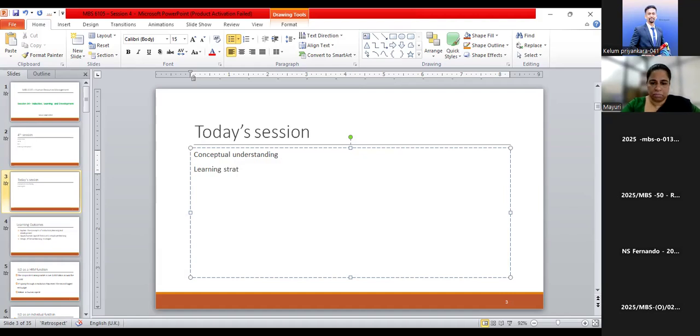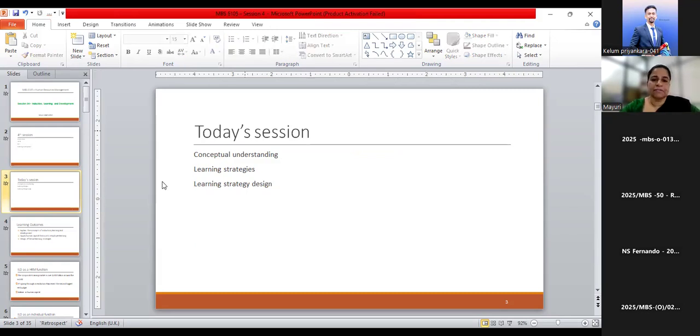And most importantly, the last part, the value adding part, learning strategy design: how do you design a particular learning initiative or learning strategy? That will be discussed at the end. Those are the three things that we are going to learn today.